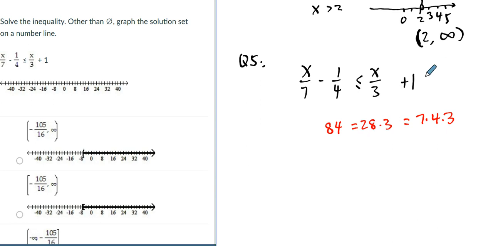Yeah, 84. So everywhere multiplied by 84. So 84 divided by 7. 7 times 4 times 3 is 84. You divide it by this number, you have 3 times 4, which is 12. So it's 84 divided by 7, that's 12.